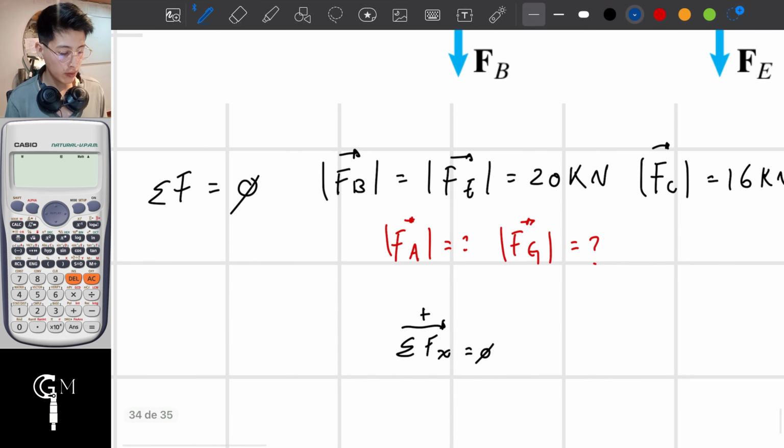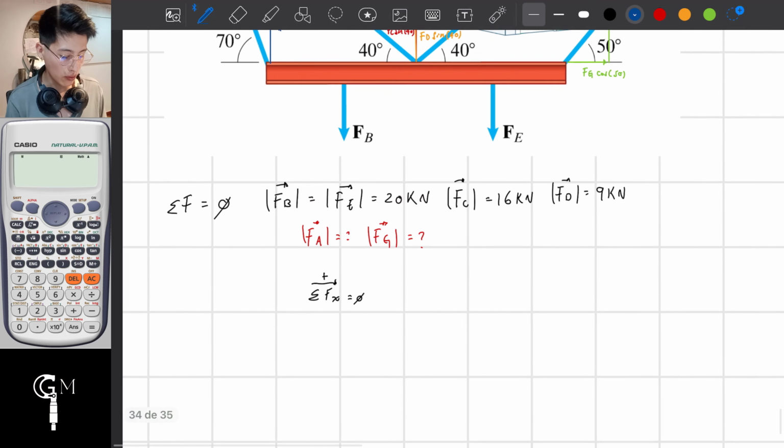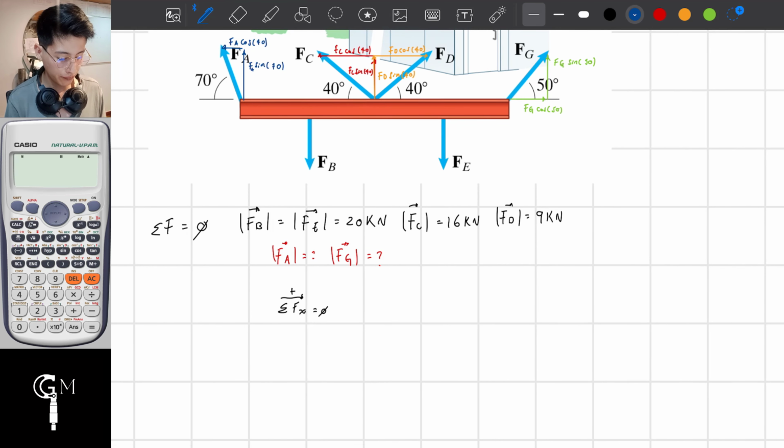Now, the summatory of forces along the x-axis is equal to 0. What do we have along the x-axis?